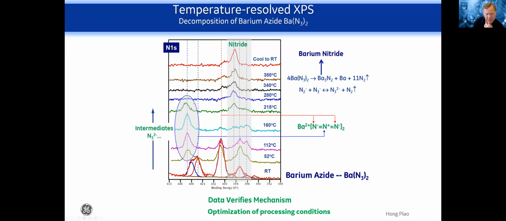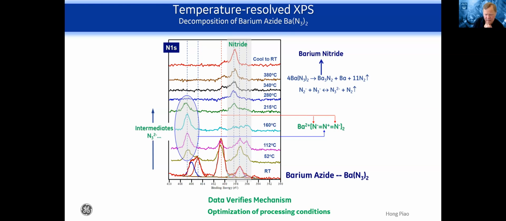What my colleague Hong was able to do is also extract the intermediates that are forming, and at what temperature the intermediates are forming. And this was very useful information for the team to verify the mechanism and understand the processing conditions.